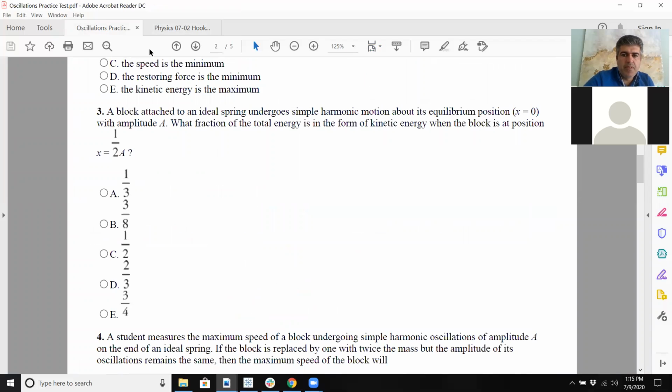I guess you could assume that at the amplitude position, it's 100% potential energy. So let's say you have a spring and a wall here.